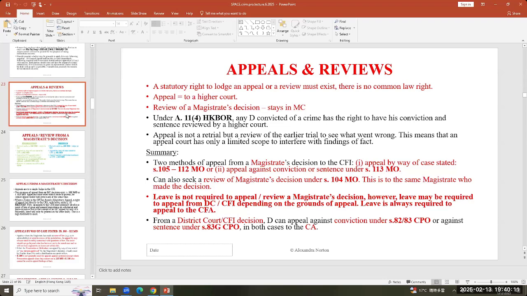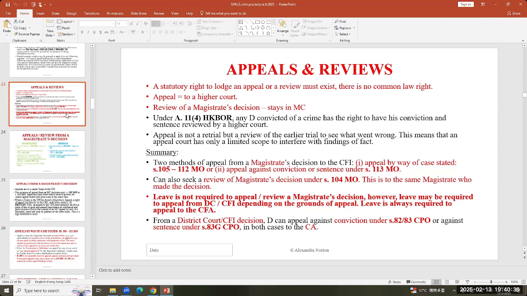But we have to look to a statutory provision in order to give us that right to appeal. When we're appealing, we're going up the chain to a higher court. When the defendant reviews, he's staying within the same level of the magistrate's court. He's not going to a higher court.